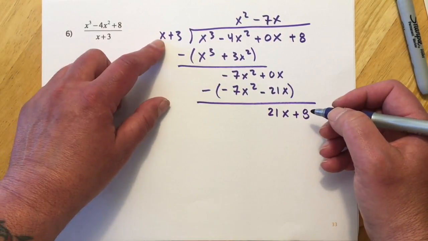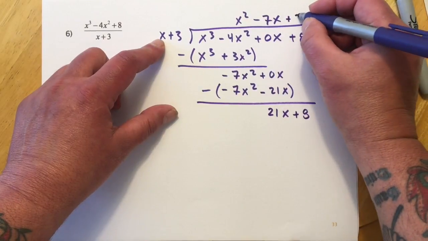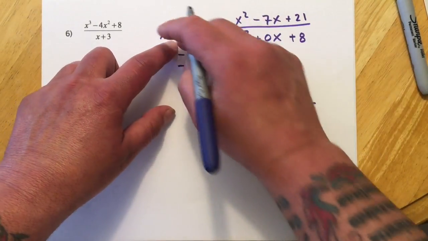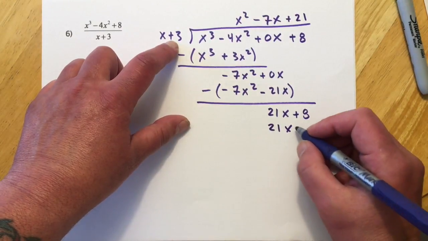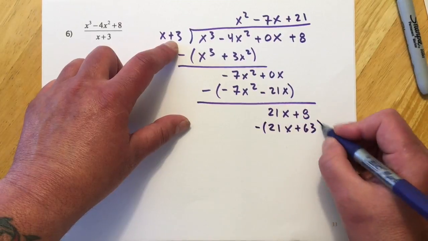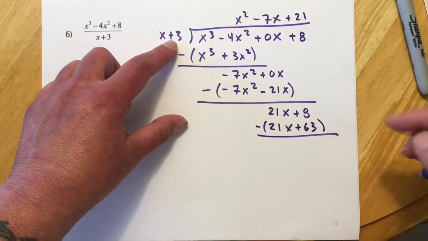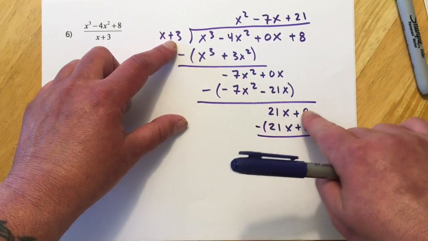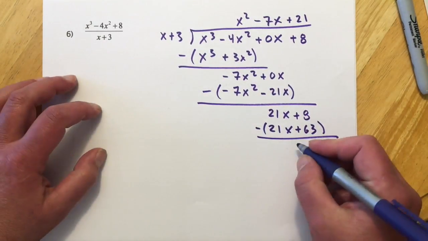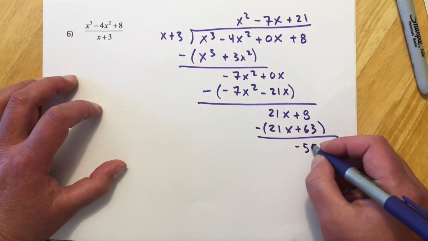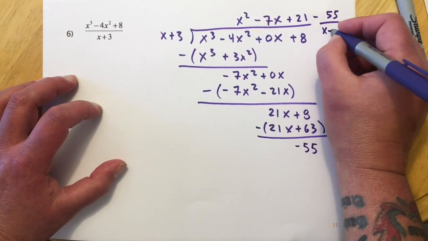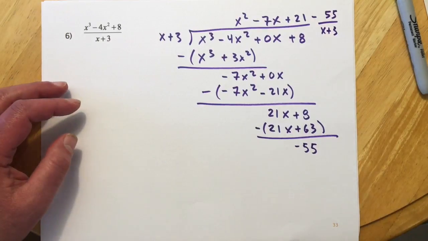So I'd have to multiply by 21. So 21x, and 21 times 3 will be 63. And then the 21s cancel. 8 minus 63 would leave negative 55. So this would be minus 55 over x plus 3.